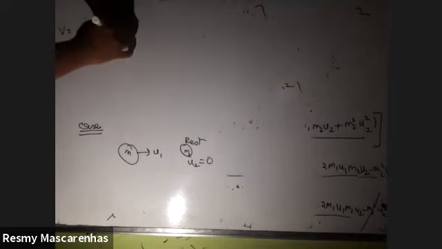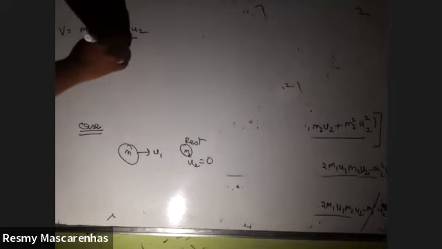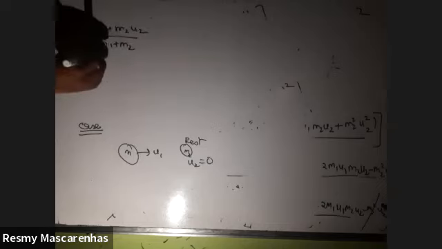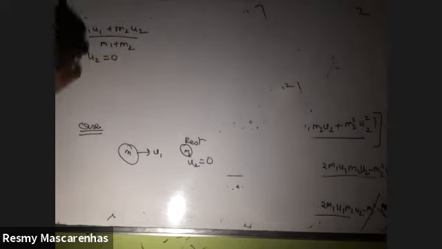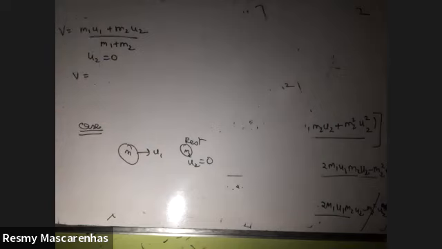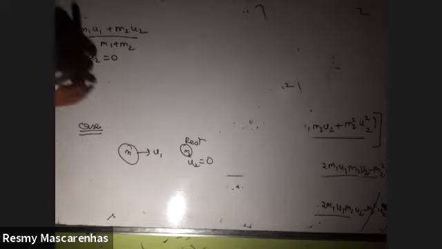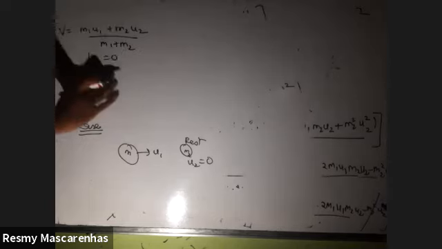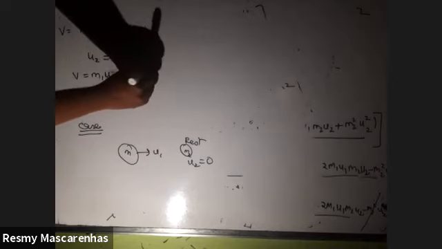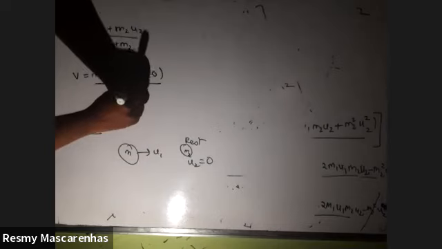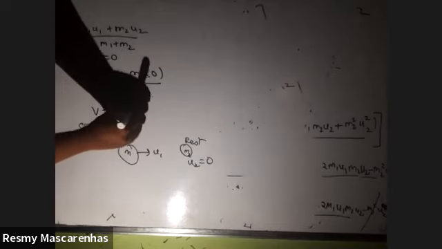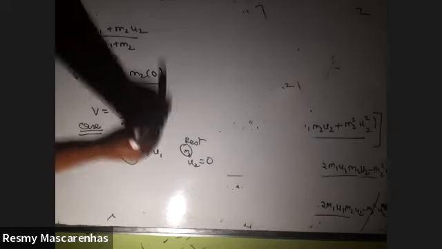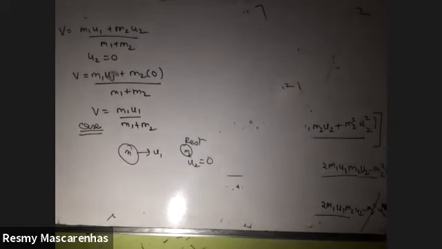So this is the formula for V. u2 is 0 in this case, so put u2 as 0. So V is just m1 u1 upon m1 plus m2. I put u2 as 0 in that formula because the case is when the second body is at rest.